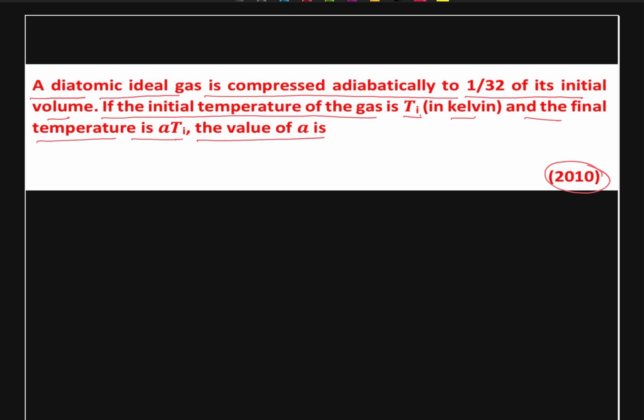So basically it is an adiabatic process, and the volume ratio is given to us, which is 1 upon 32. So we can directly use our formula for the adiabatic process.